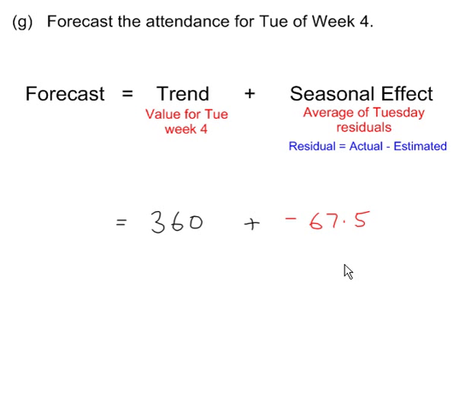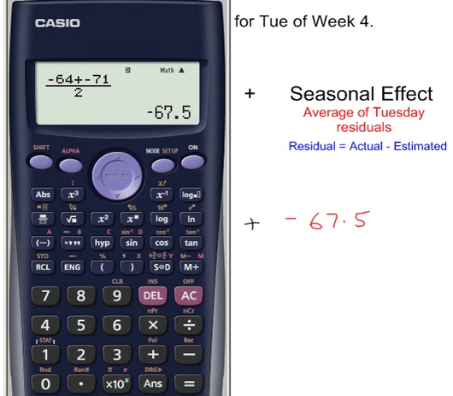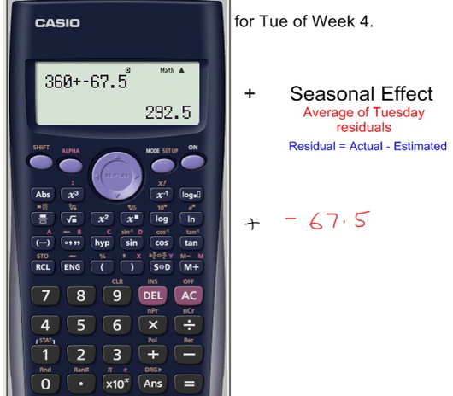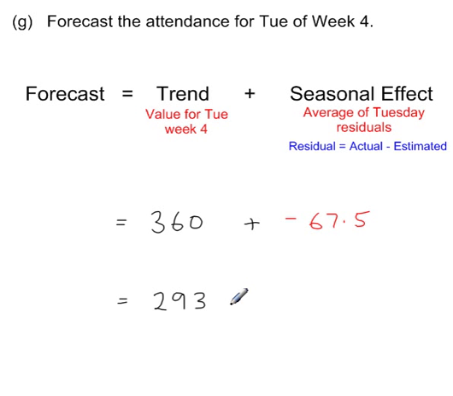So now we can do the forecast: 360 plus minus 67.5 is 292.5. If I round that to three significant figures, the forecast is 293. And because this figure represents attendance, using whole numbers for your final answer is sensible.